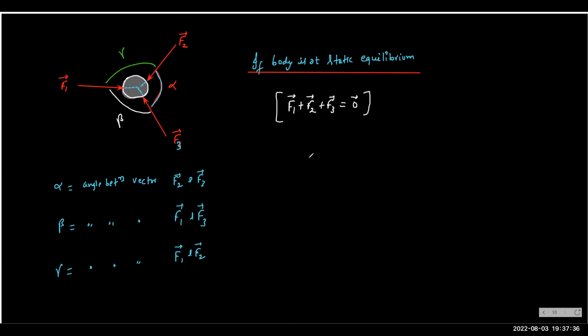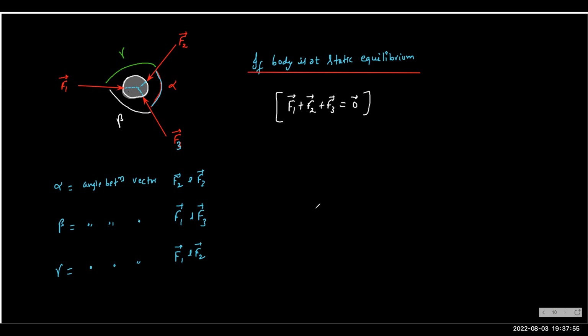So what is the polygon of three sides, what do we call it? Triangle, exactly. So whenever we have a situation like this, when three forces add up to zero, graphically it represents a triangle. That is the whole idea.